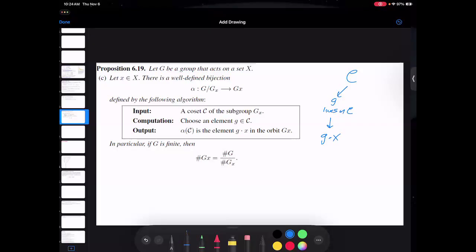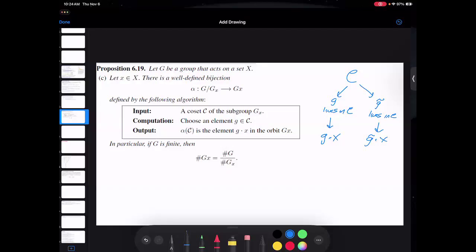Instead of choosing that element, what could have happened? You're close. Instead of choosing g, what if I chose something else, what if I chose g tilde? And then that would give me g tilde times x.